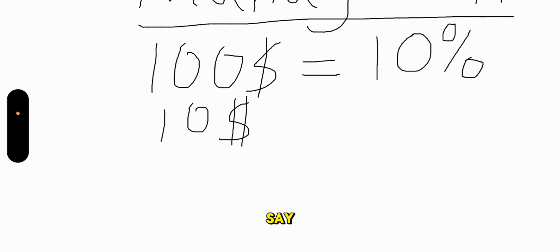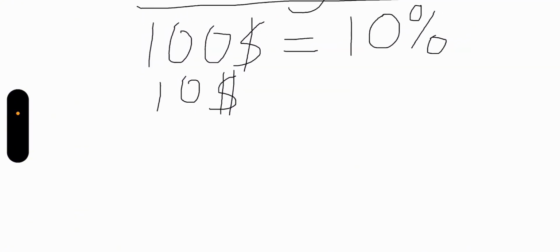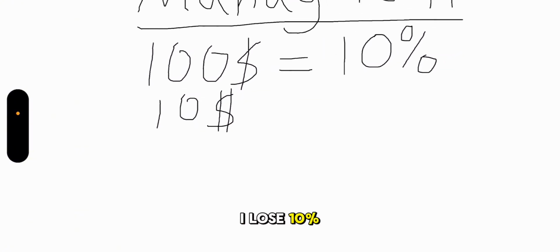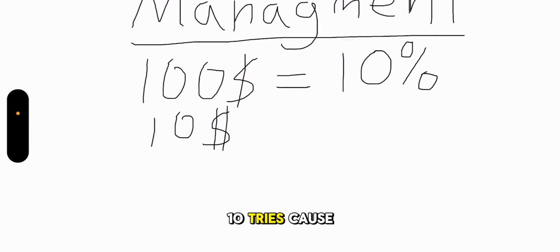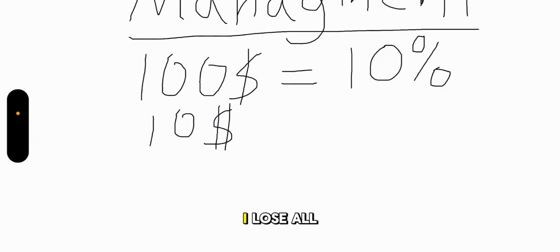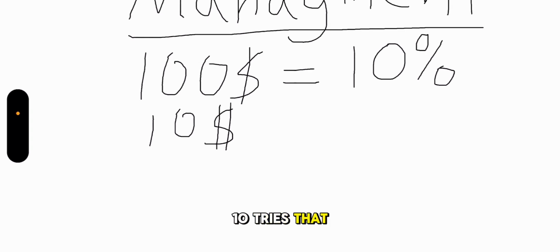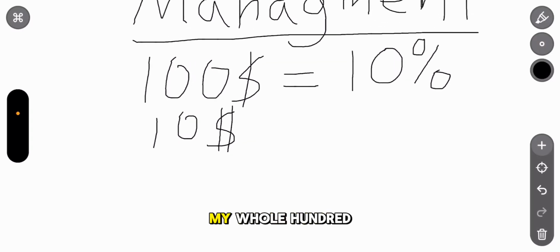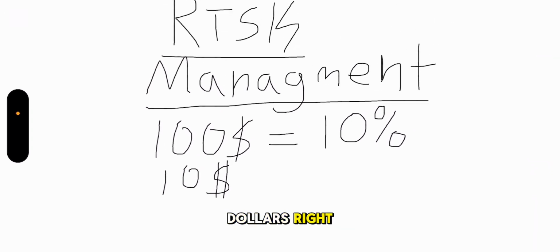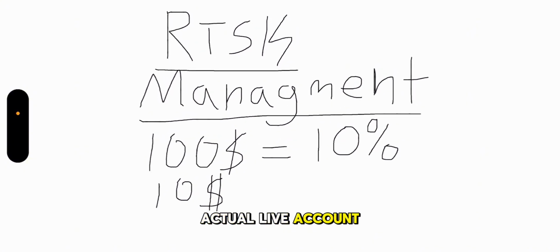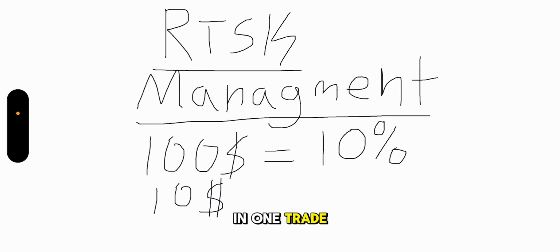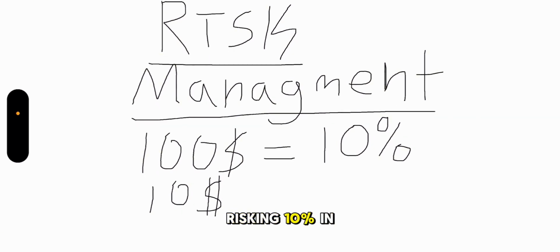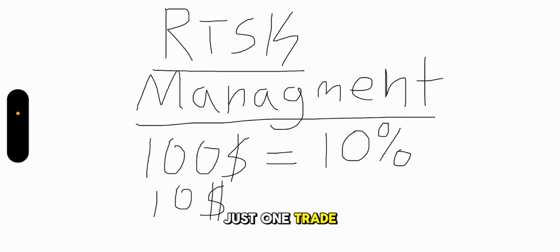So now let's say out of those 10% that I'm risking, I have 10 tries, because if I lose all 10 trades that I take, then I lost my whole $100, right? And in an actual live account, you do not want to be risking 10% in just one trade.